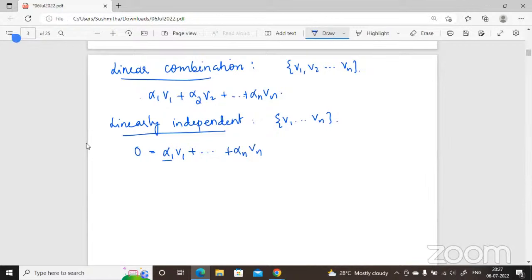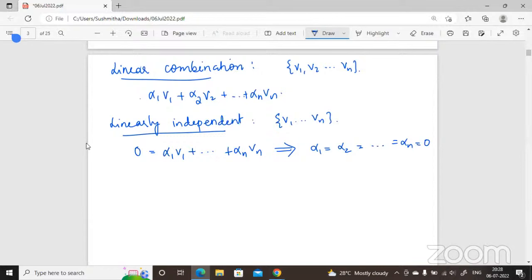Obviously, when alpha 1, alpha 2, up to alpha n are all zeros, this is going to be satisfied, right? But if that is the only way it is possible. Actually, it forms a homogeneous system of linear equations, and the solution we get, 0, should be unique. Yeah.